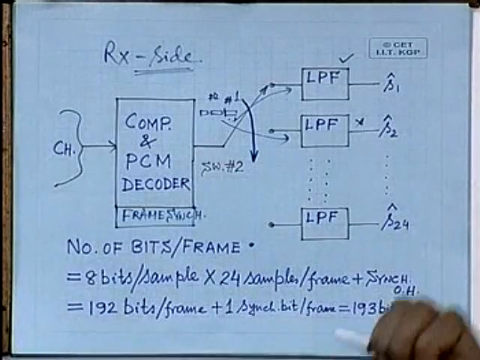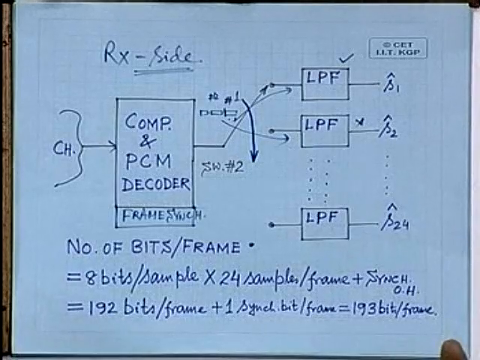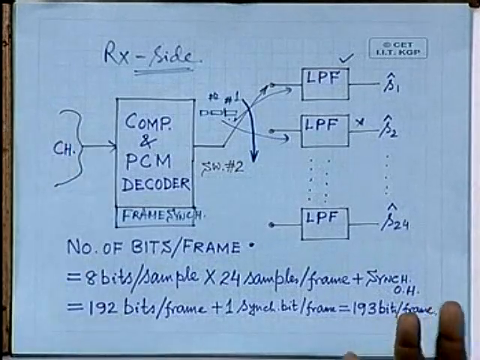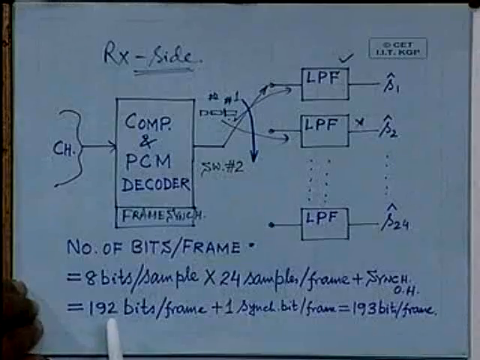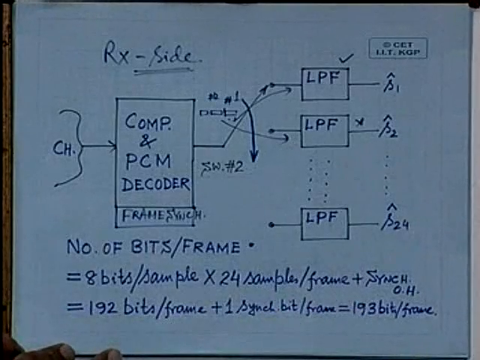That means in one frame there will be at least one sample from each user. In a very general case, not in this standard, there may be multiple samples from a particular user, depending on the kind of service he is using at the moment. But for this standard there will be one sample from each user in one frame.